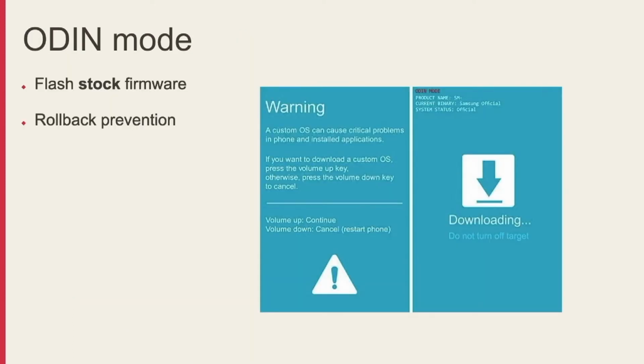The Odin mode allows the user to flash stock firmware to manually update the phone. It not only verifies the signature, but also checks the version number. Odin mode does not allow the user to flash previous versions or unofficial firmware. This exposes a channel for interacting with Secure Boot.